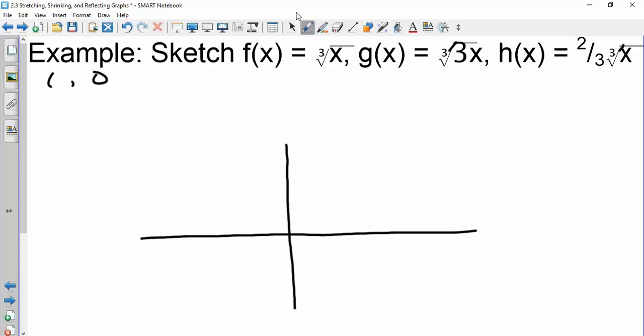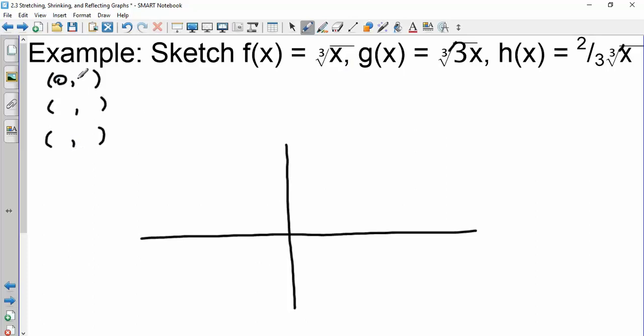So we need minimum of 3 points. We can always do more if we would like. Do you guys remember what the cube root looks like? Let's pick points and see, since we have several different ideas.